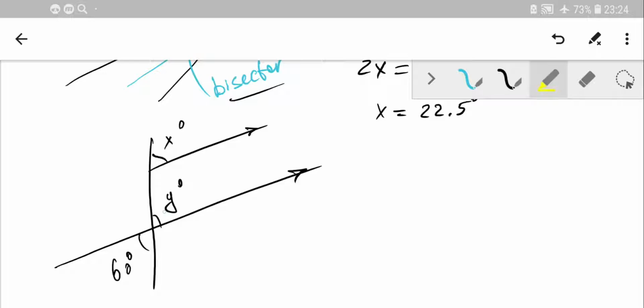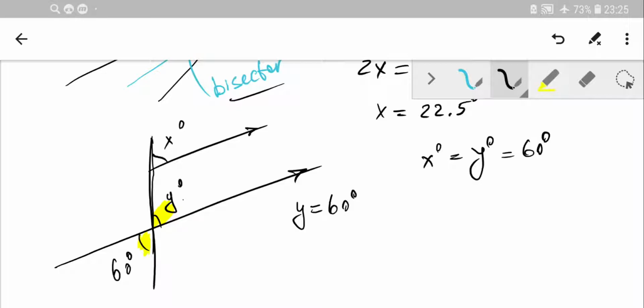Okay, so find x and y. So what can you say about the yellow angles? Y and 60, they're equal, right? Because vertically opposite. And because there are two parallel lines, angle x should be equal to y. So x equals y, so that's why it's also 60.